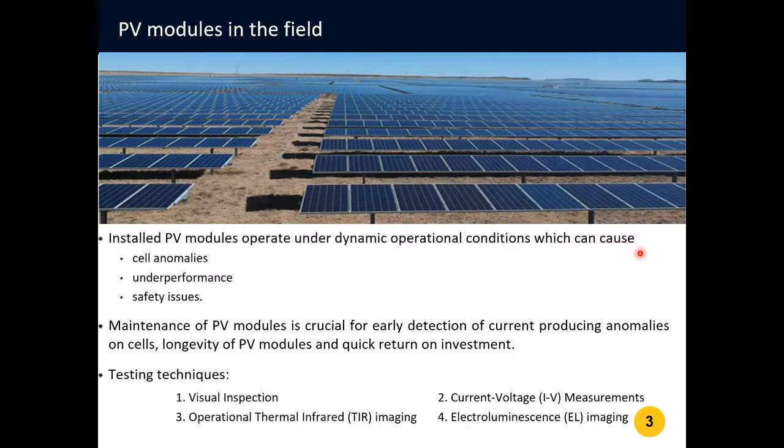So it is necessary to carry out maintenance on PV modules for early detection of anomalies and for the PV modules to operate as expected and have the expected lifespan, and also so that you can have a quick return on investment.